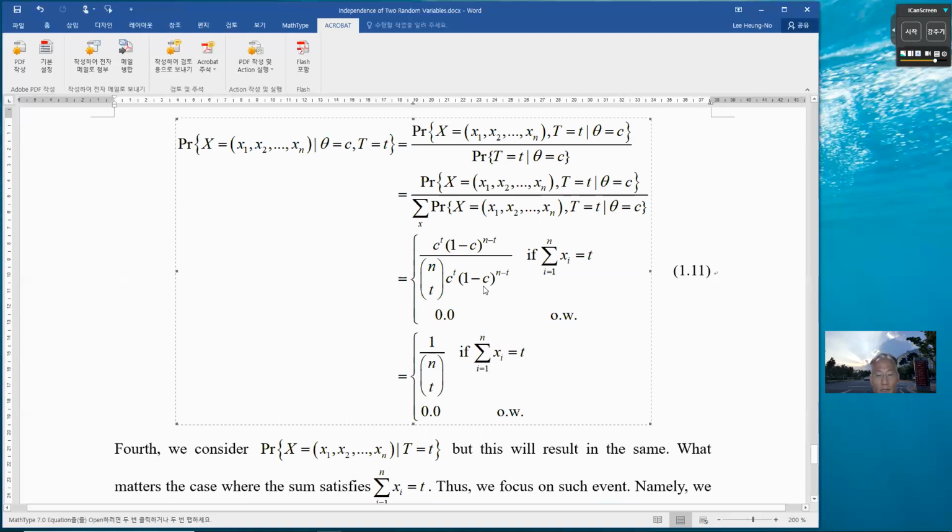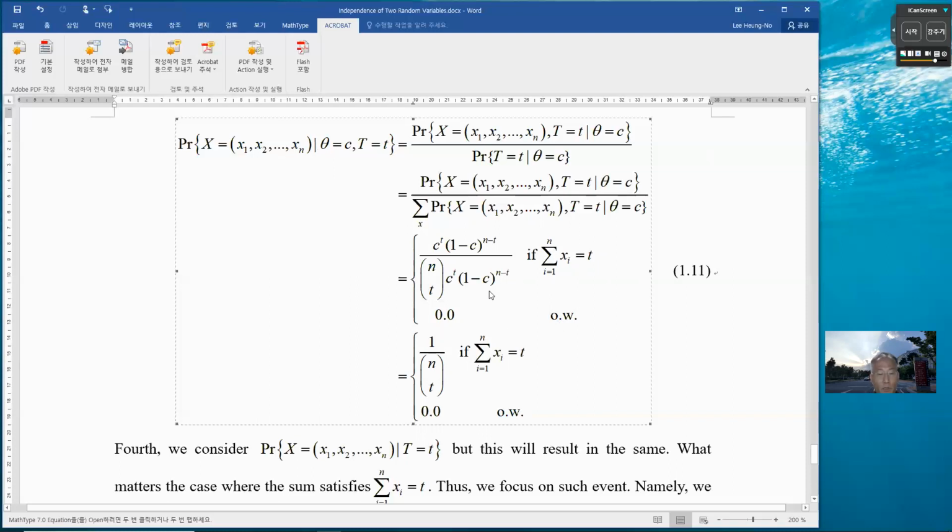This is the case when there are t ones. When the number of ones is not equal to t, the probability is equal to 0, because this is the given condition. So this holds if the sum of ones in n trials is equal to t, otherwise it is 0.